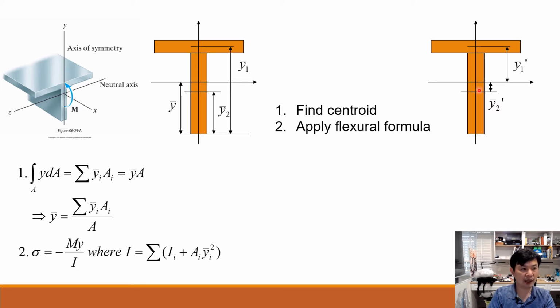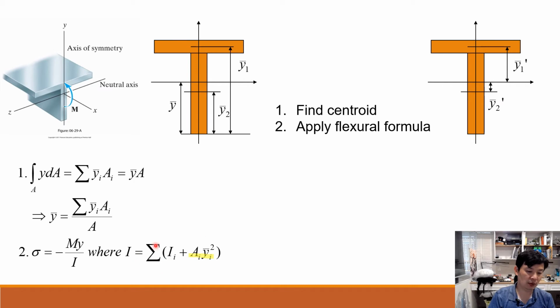They all have a certain distance. For example, this y1 prime bar and y2 prime bar are the distances from the origin of the whole cross-section. So we need to add the contribution of this part over here. That's a very important term in the moment of inertia derivation process.